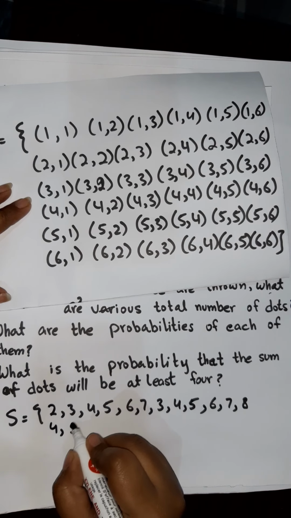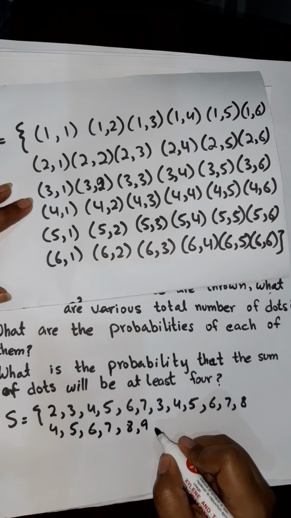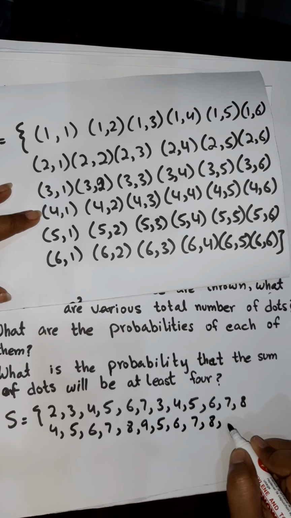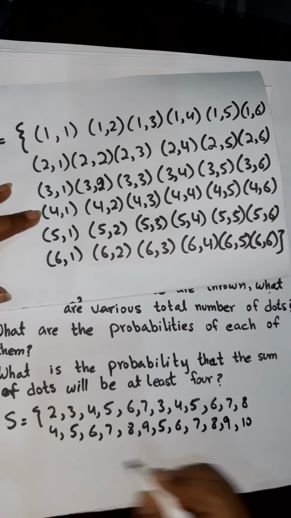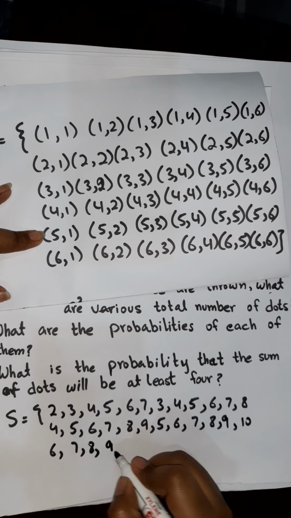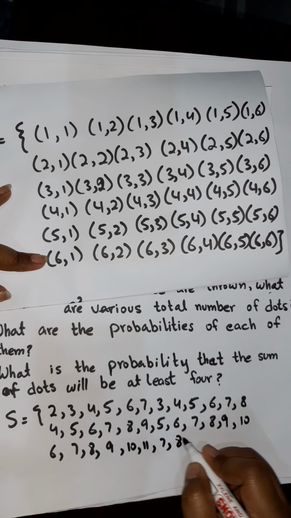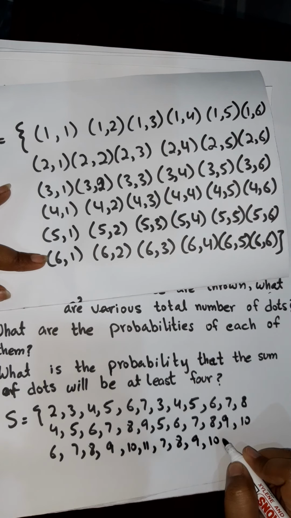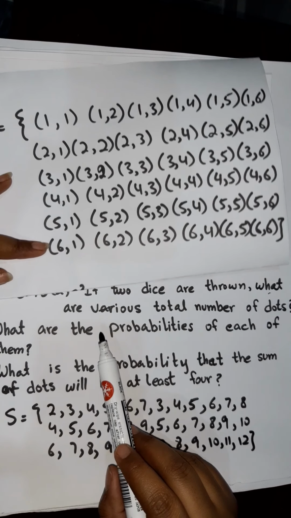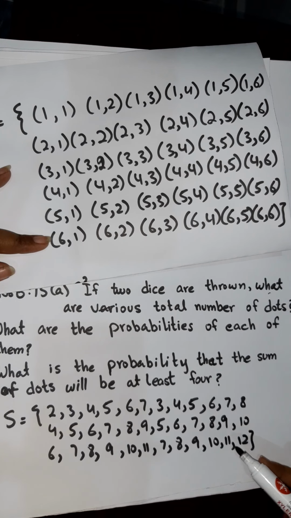Then 4, 5, 6, 7, 8, 9. Then 5, 6, 7, 8, 9, 10. Then 6, 7, 8, 9, 10, 11. Then 7, 8, 9, 10, 11 and 12. These are the total numbers of dots.